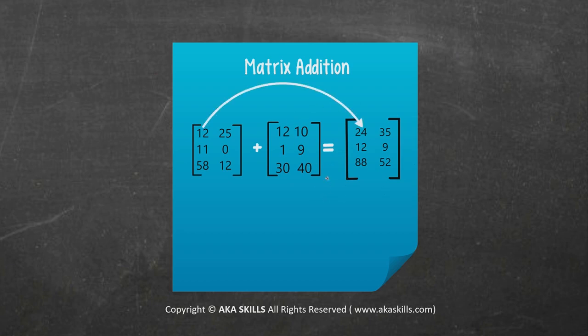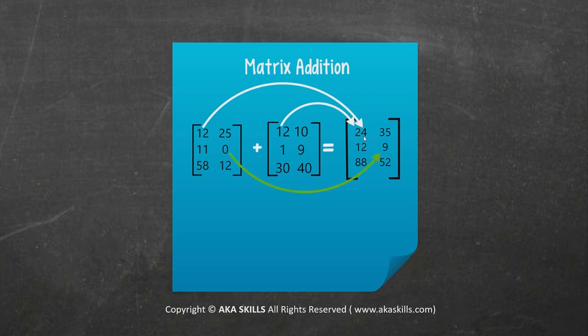Simply, we take each element and add it with the element in the same position in the second matrix. Here, in the first matrix we took the element 1, 1, and here we took also the element 1, 1, and we add them together, which equals 24.